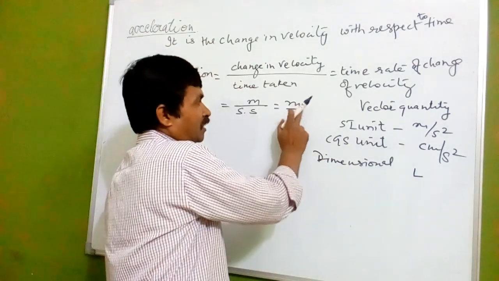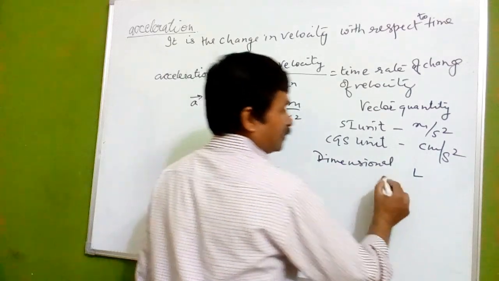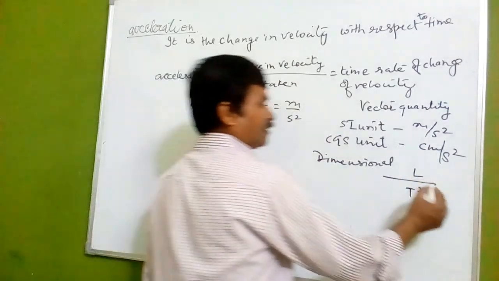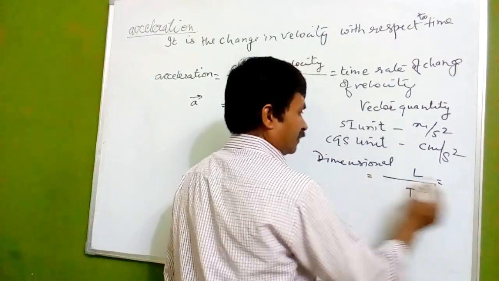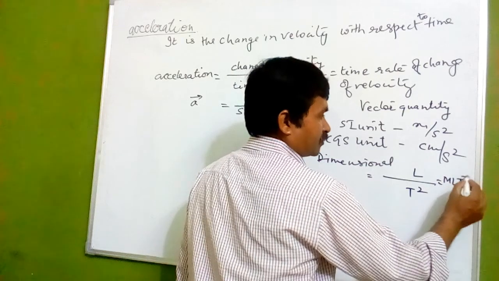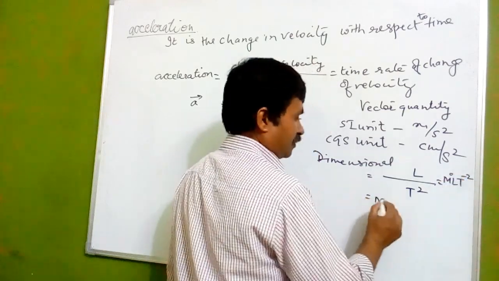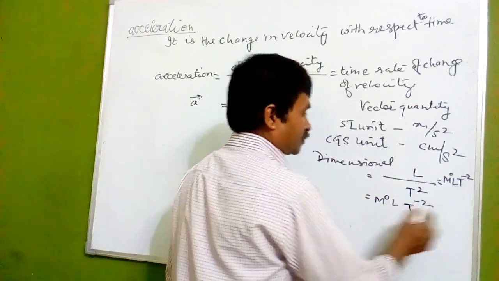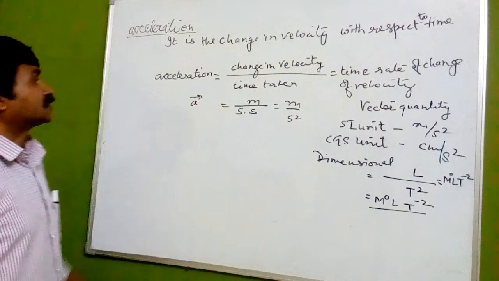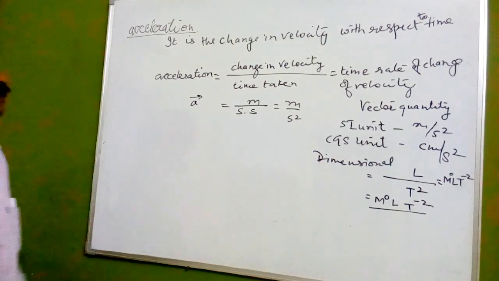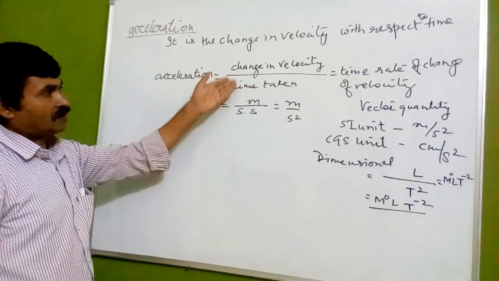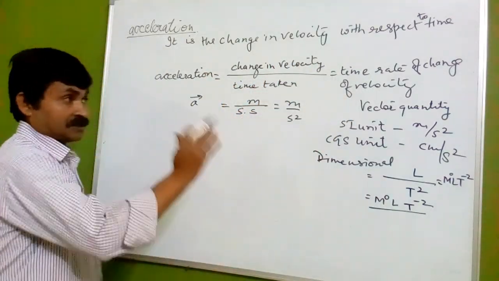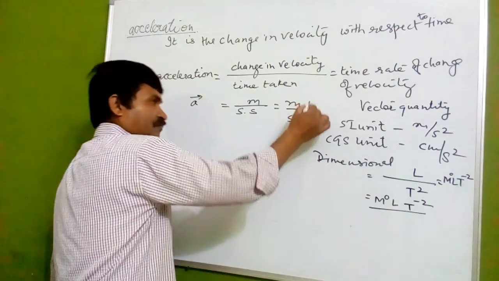Just understand length is given by L and second is given by time T. I am writing it here, M to the power 0, L to the power 1, and T to the power minus 2, is the dimensional formula for acceleration. Now we have got the definition: change in velocity with respect to time, or time rate of change of velocity. Velocity is a vector quantity, and we have got the dimensions.